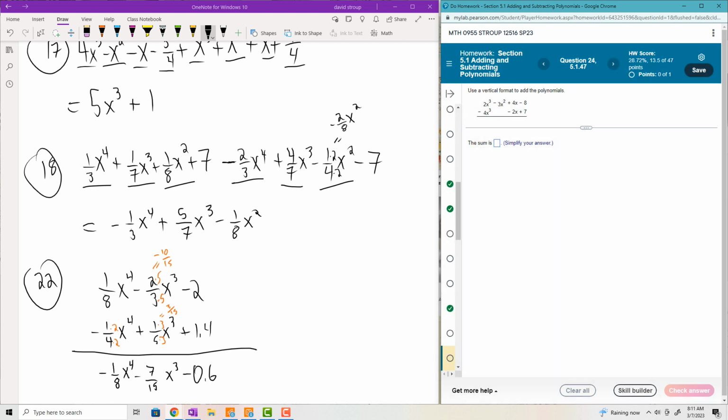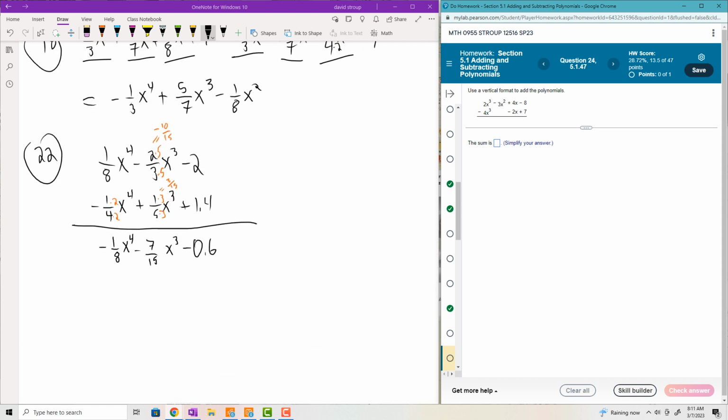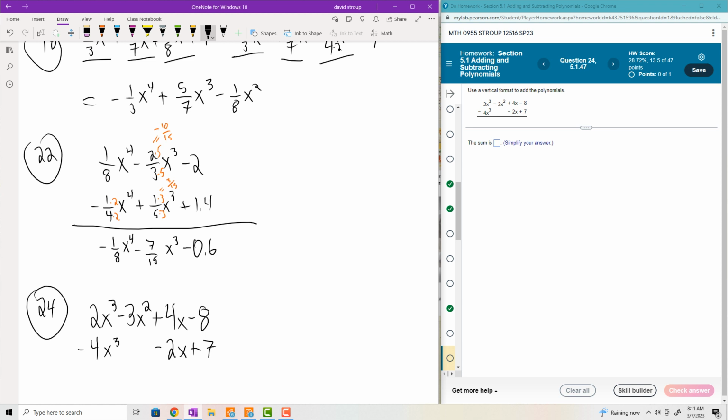Anyways, there's that. This one's a little odd because you're missing terms when you add them, but it's no big deal. So I have 2x cubed minus 3x squared plus 4x minus 8, and then minus 4x cubed. There's no x squared term. So what they try to do is align the like terms. Okay, so 2x cubed minus 4x cubed is minus 2x cubed.